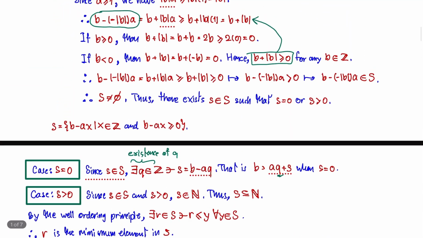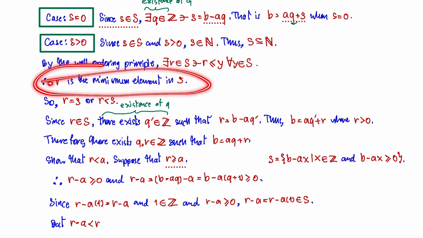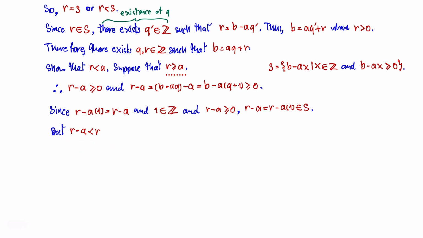R is the minimum element in set S. So we have a contradiction because we have an element that is less than R, and R is the minimum element in S. So this is a contradiction.